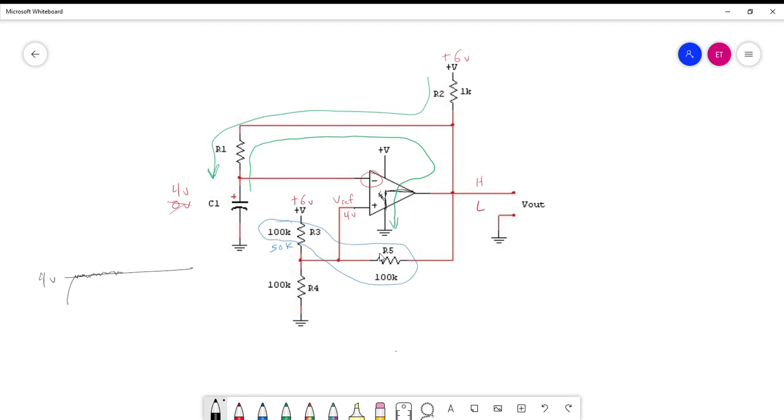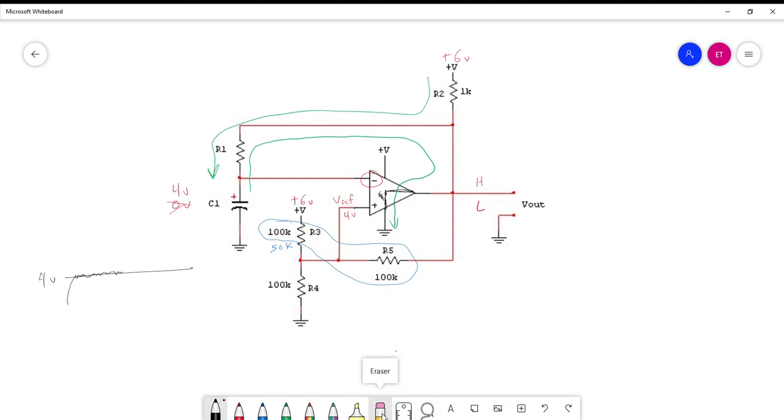The series parallel circuit is going to change when the switching action occurs for the output of the comparator. Do you see when the output of the comparator switch closes? It now connects this point to ground. This point to ground means that R5 is now in parallel with R4, not R3, right?